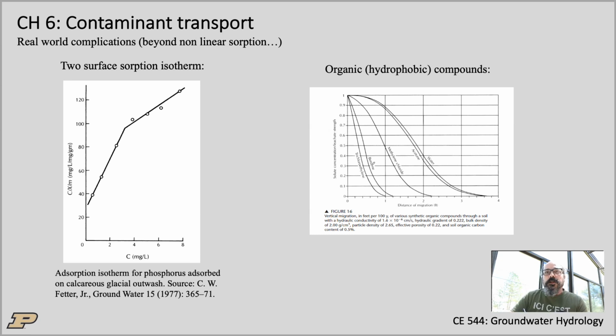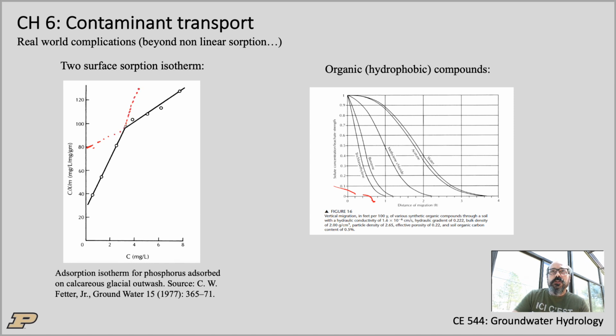Okay, so other processes can complicate sorption processes. Here on the left is essentially a dual, or two-domain, linear isotherm. It looks like a nonlinear one, like the one we've seen before, but if you look at this data, it's more like two different regimes with a regime shift in between.